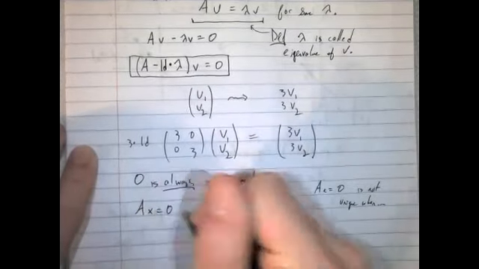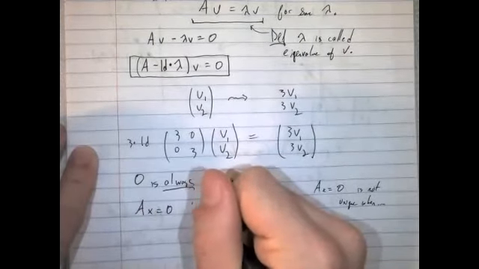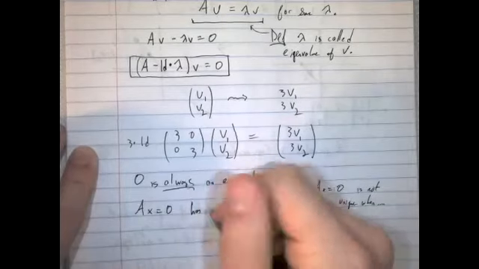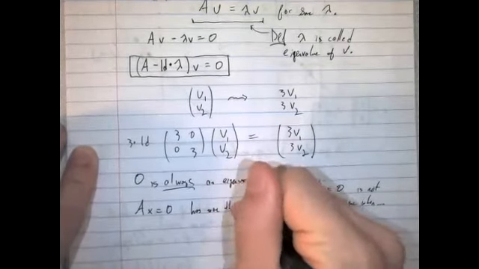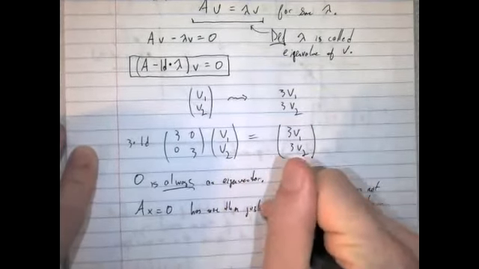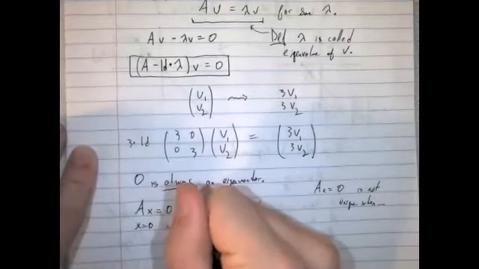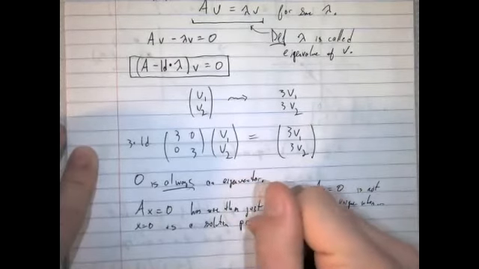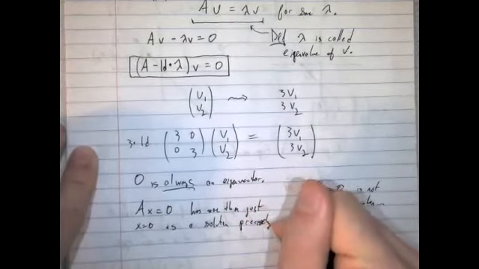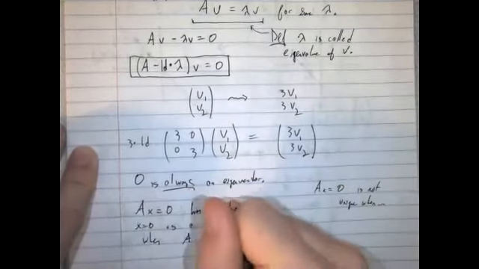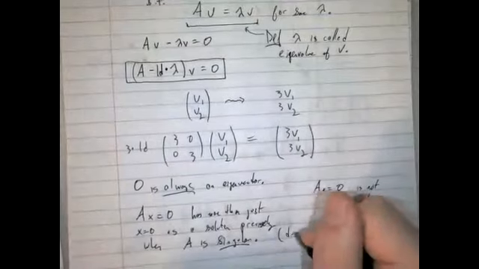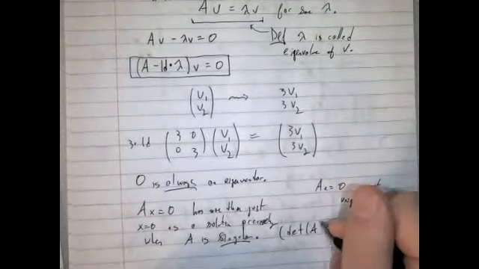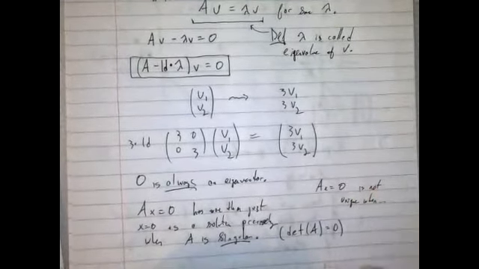AX equals 0 has more than just X equals 0 as a solution precisely when A is singular. Or in other words, when the determinant of A is equal to 0.